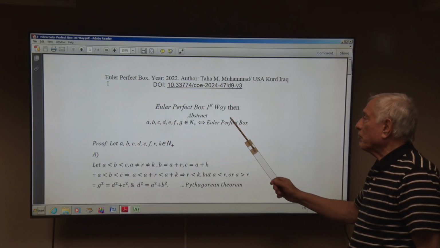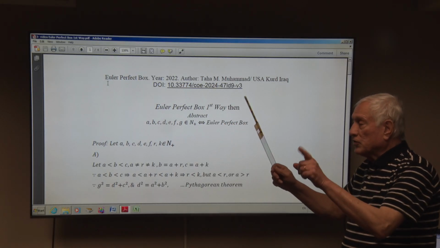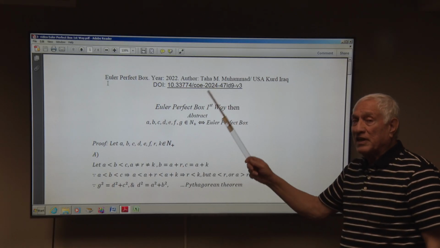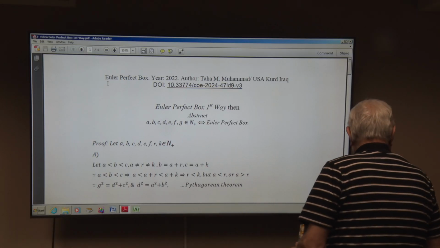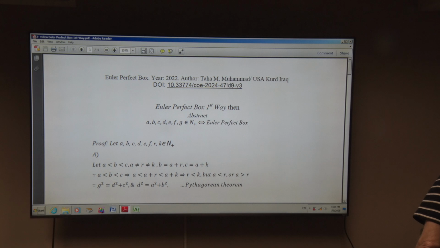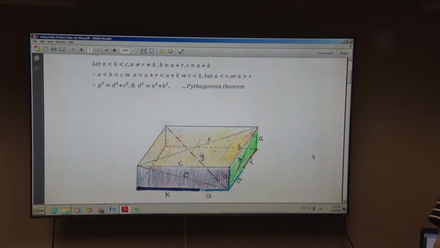If you have an Euler perfect box, it means all sides with diagonals, including the interior diagonal, should be integers. Where? In a box. That box we call an Euler box, Euler perfect box, this one.